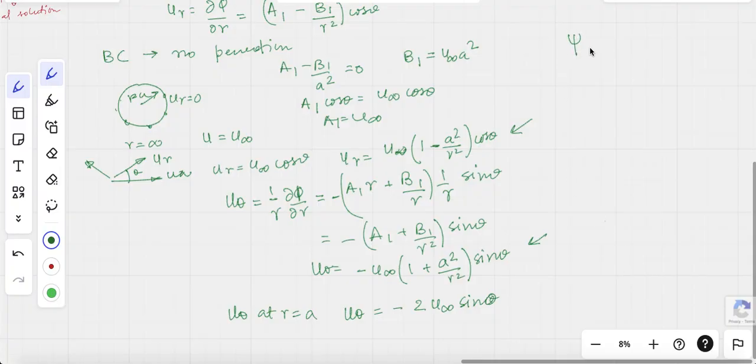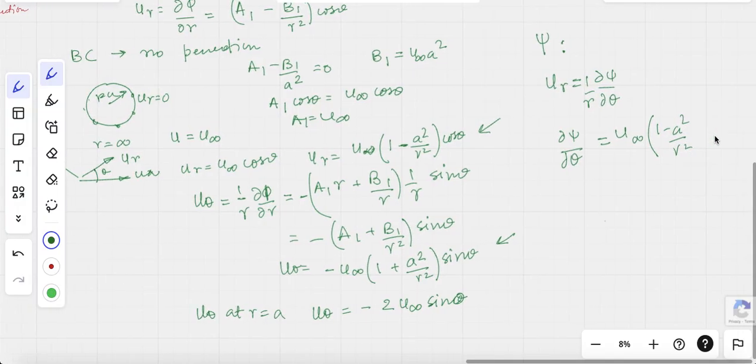Stream function, we know that ur is 1 by r d psi by d theta, so d psi by d theta is equal to u infinity 1 minus a square by r square cos theta into r.